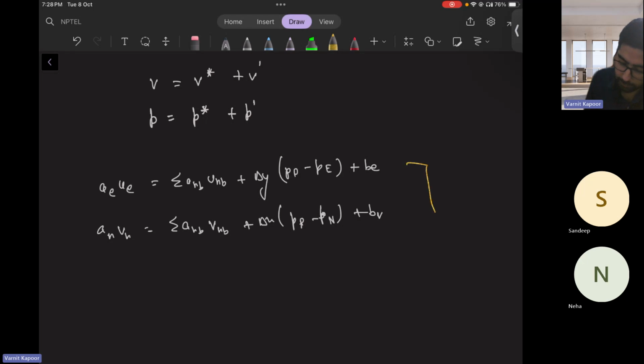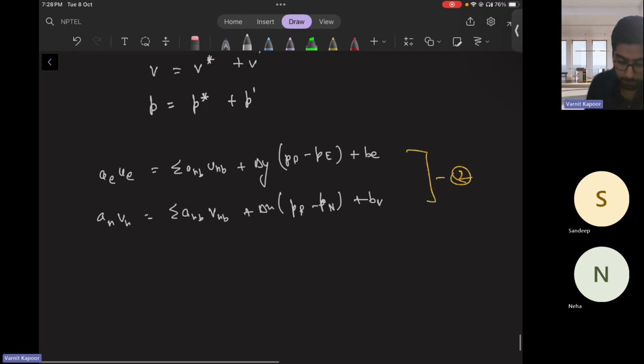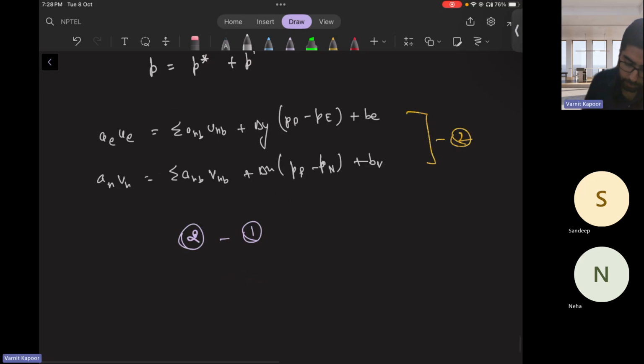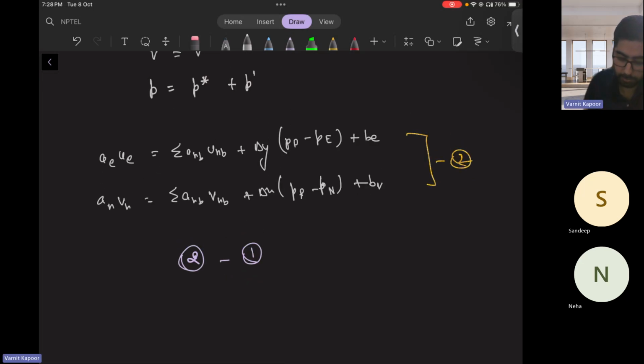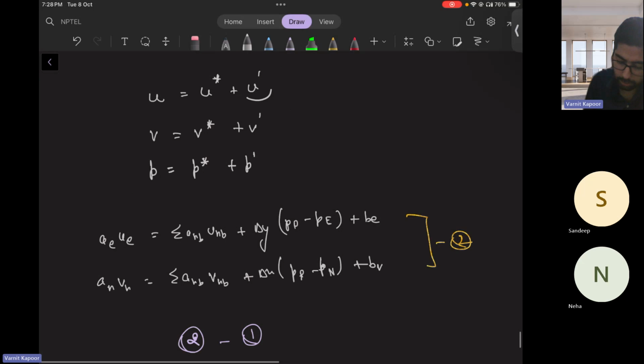Let us say this set of equations is 2. Let us subtract both of them, 2 minus 1. So UE minus UE star is UE dash, right?